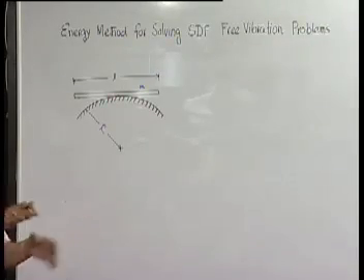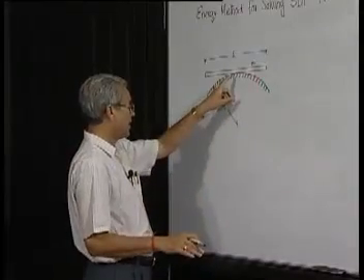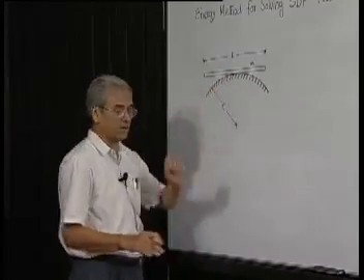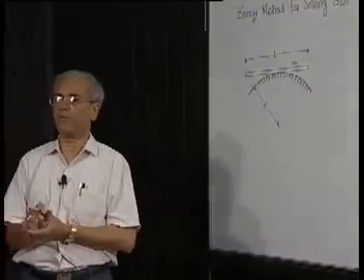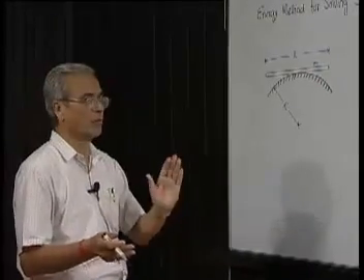So this is the equilibrium position, and we also mentioned that the friction between this rod and the cylindrical surface is enough to prevent any sliding, so that it can only roll.